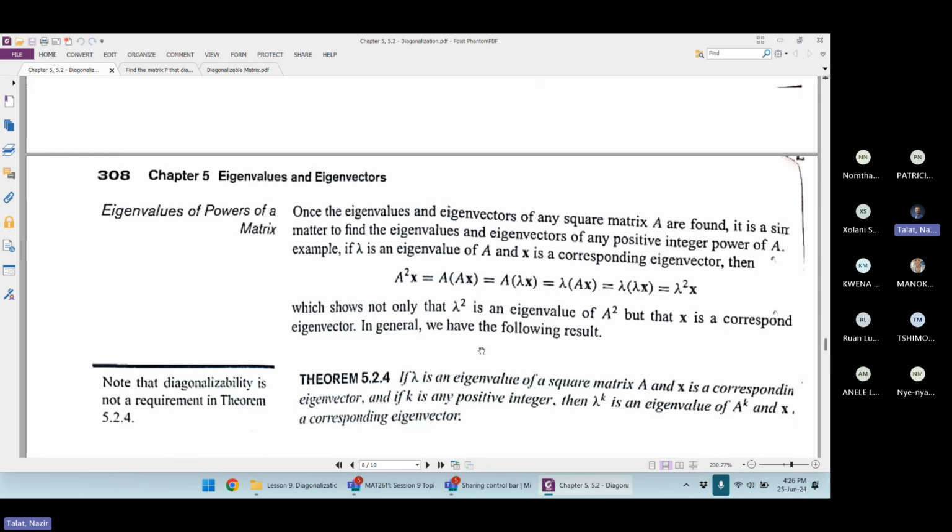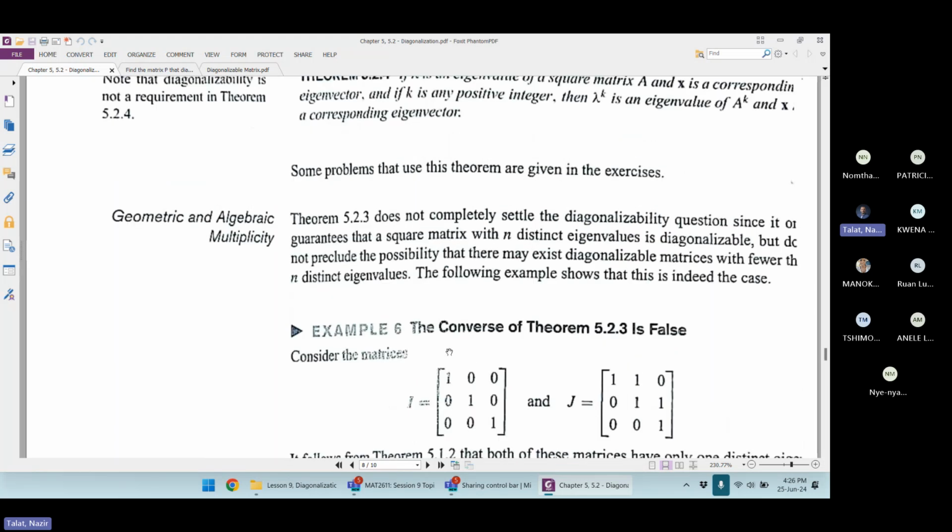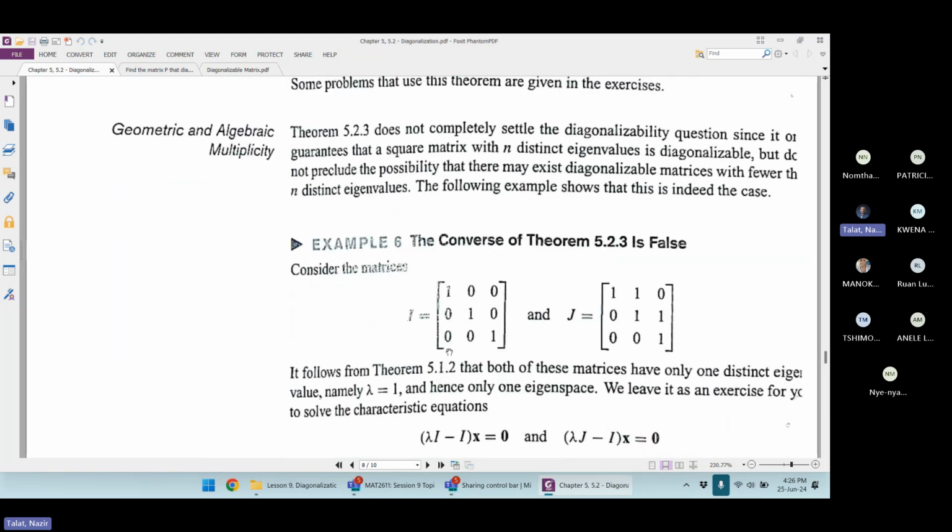In the last lesson we saw that if lambda is an eigenvalue of A, then lambda square is an eigenvalue of A square, and we saw other such results before. One more thing is that the converse of theorem 5.2.3 is false. If the eigenvalues are distinct, then matrix A is diagonalizable.